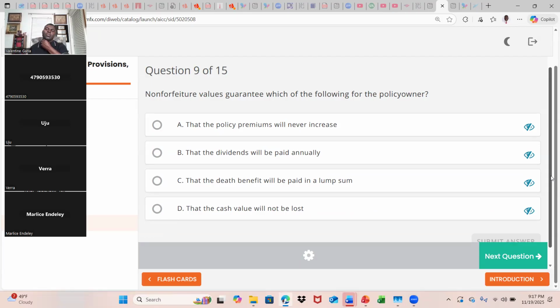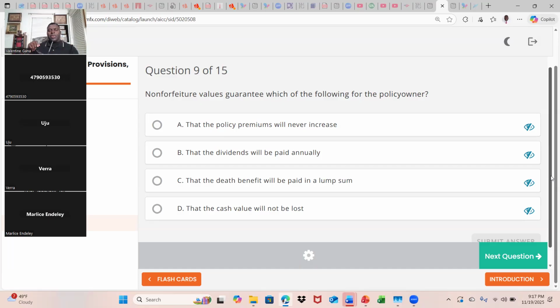That the policy premium will never increase. That the death benefit will be paid in lump sum. The answer is that the premium will never increase.